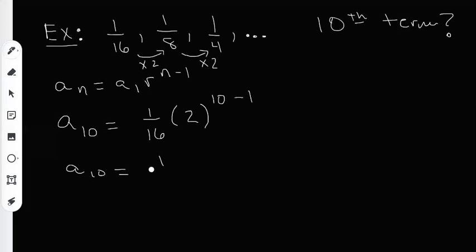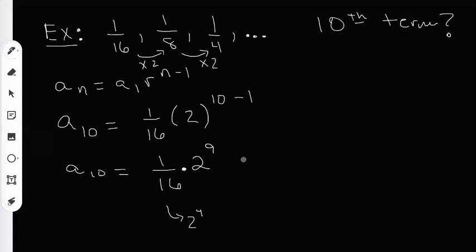Okay, so I've still got 1 over 16. I know that 10 minus 1 is going to give me 9. So I need to figure out what 2 to the 9th power is, and I need to multiply it by 1 over 16. Now, we know that 16 is 2 to the 4th power, right? But since it's in the denominator, I need to keep it in the denominator.